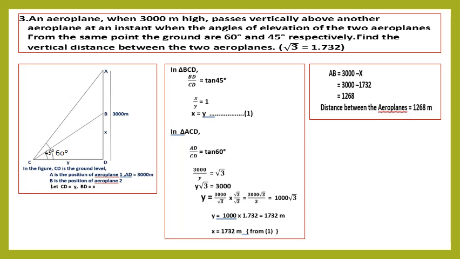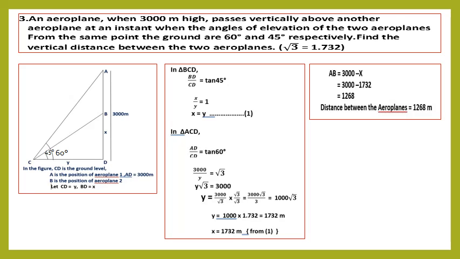In the given figure, CD is the ground level. From point C, the angle of elevation of an aeroplane which is flying at a height of 3000 meters is 60°. So in the figure, AD is the height of the flight, that is equal to 3000 meters.